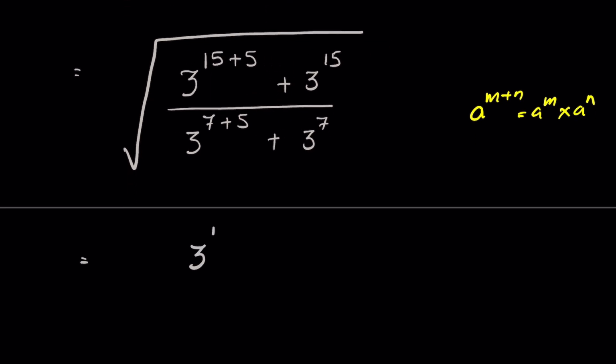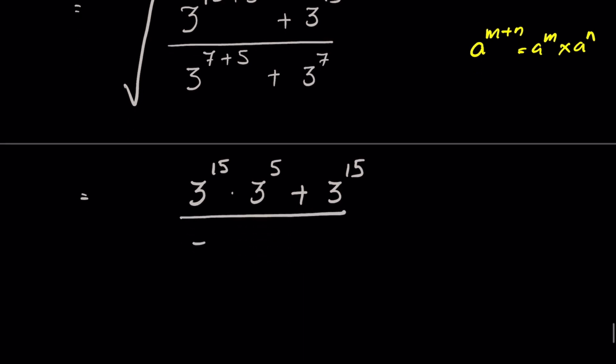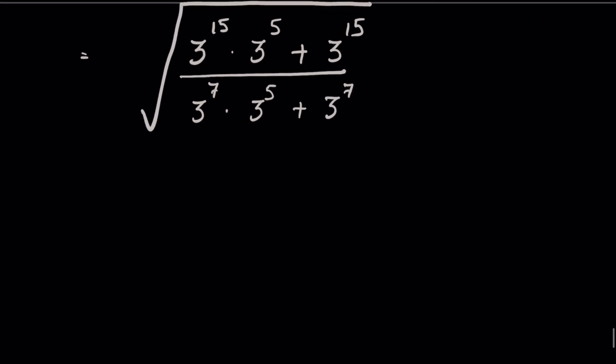3 raised to the power 15 times 3 raised to the power 5 plus 3 raised to the power 15 upon 3 raised to the power 7 times 3 raised to the power 5 plus 3 raised to the power 7, under square root. Now we can take 3 raised to the power 15 as common.